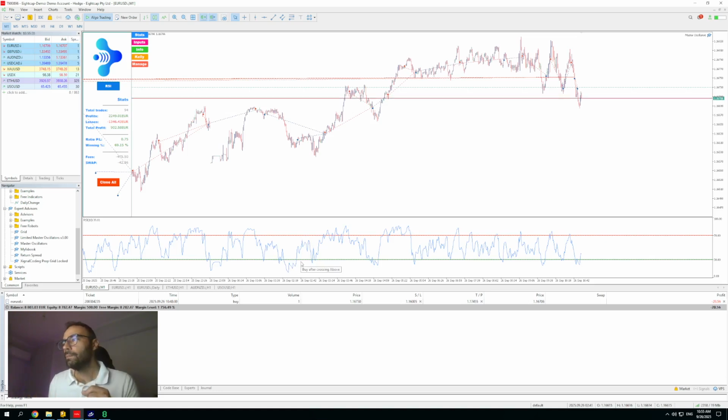This is the oversold signal, and this way we are trying to get into the market at a better price than the average price, if we can say that. We buy at a better price than the others, and we sell at a better price than the others. Let's see some examples and let's see how it goes.